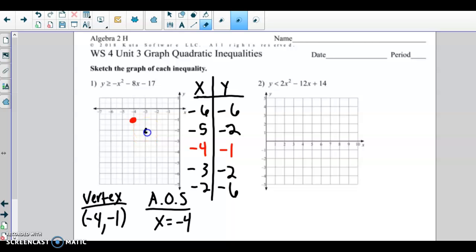All right, and if I plot these points just like we did before, so far we graphed it just like you did on the last quiz, but here, when I connect them, I need to look at the inequality. This inequality in number 1 has an equal to, so that means I'm going to use a solid parabola to connect them.